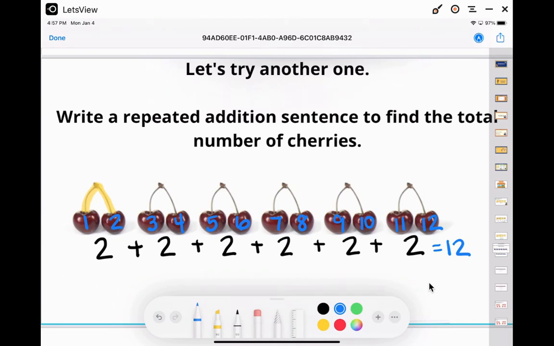If we skip count by 2s, we would have gotten 2, 4, 6, 8, 10, 12. That also would have told us that 2 plus 2 plus 2 plus 2 plus 2 plus 2 is equal to 12.